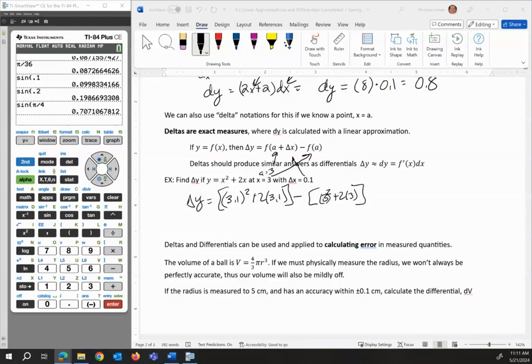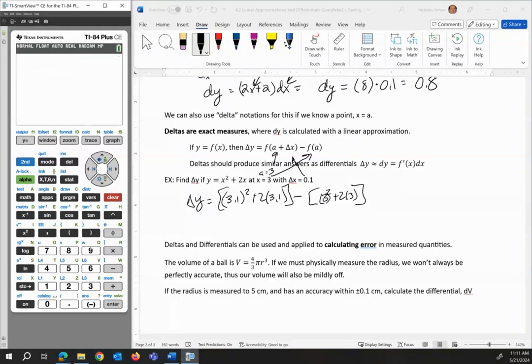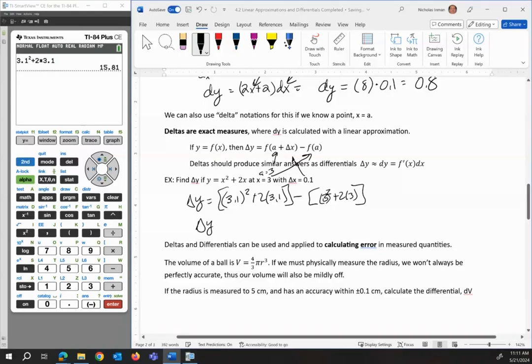So what I mean, if we just plug in 3.1, our function is at a height of 15.81.